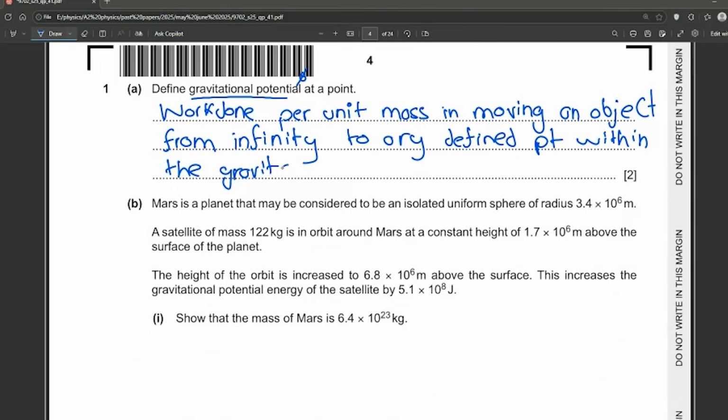What is gravitational potential? It is the work done per unit mass in moving an object from infinity to any defined point in the gravitational field. Easy peasy, lemon squeezy.